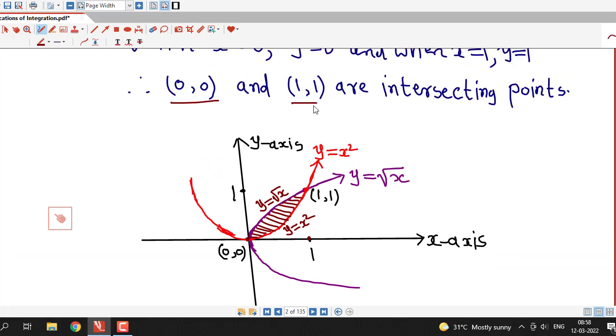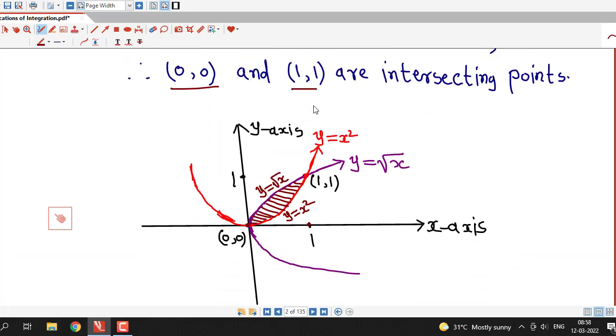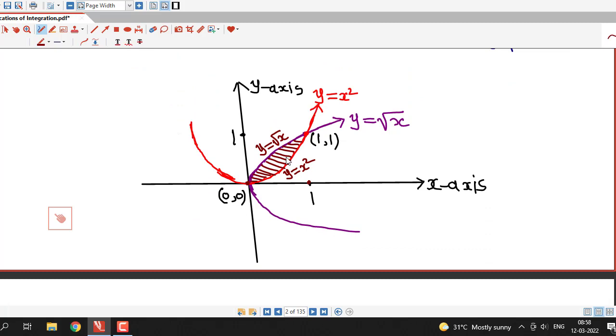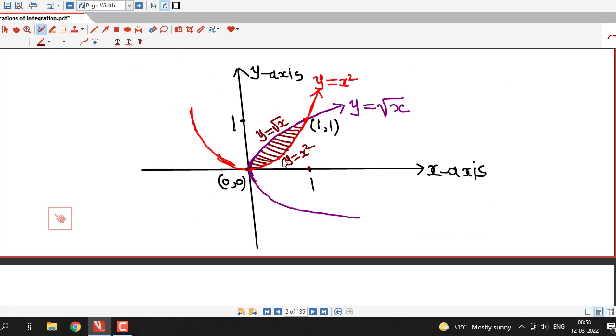First we have to decide the intersecting points, then we will sketch the region whose area we are interested to calculate. So now it is clear that the upper function is y equal to square root of x, the lower function is y equal to x square, and x lies between 0 and 1.